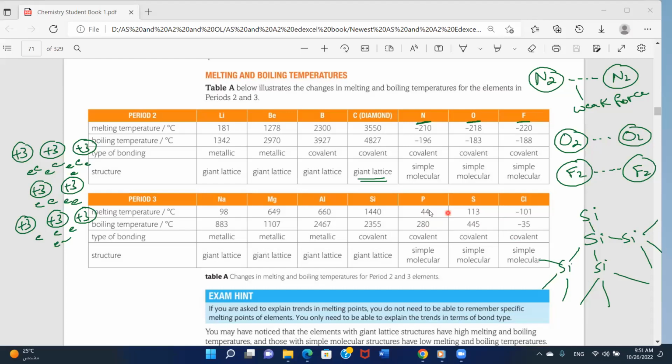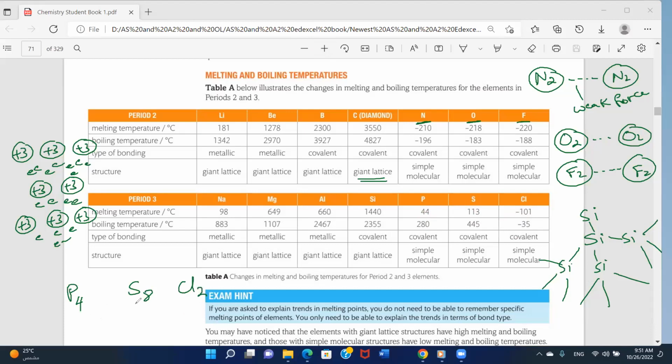But of course, as you see here, phosphorus and sulfur have a higher melting temperature than chlorine. That's because we know that the phosphorus element is P4, and in case of sulfur, it is S8, but in case of chlorine, it's only Cl2.